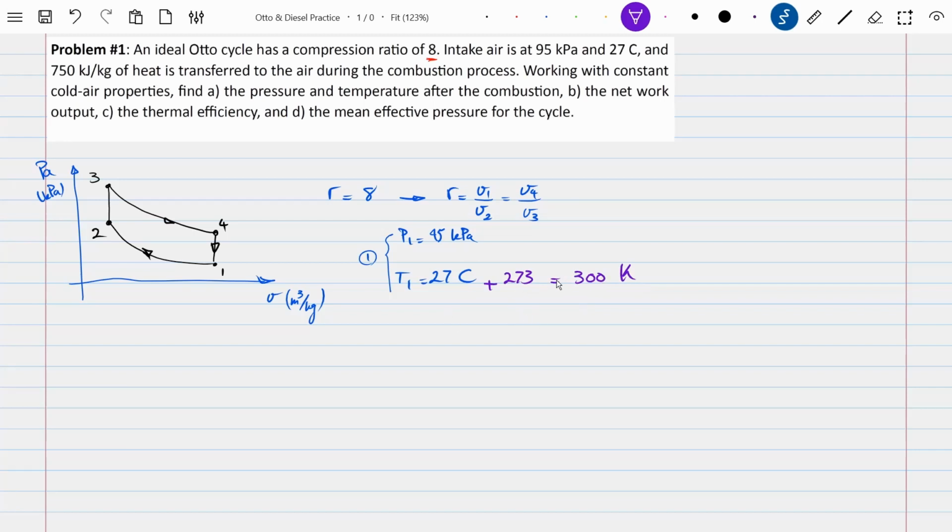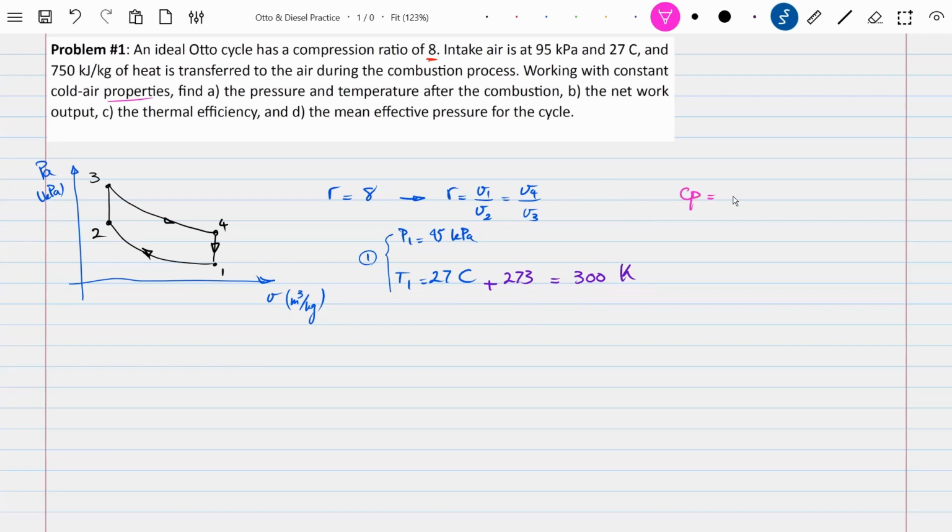Very good. Now the problem says use the cold air properties. That is a cue for you to use the following information as given.